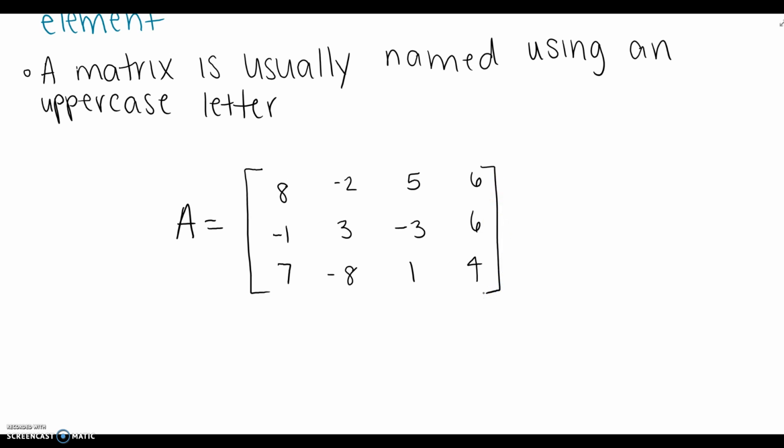So here's an example of a matrix. You'll see we've got 3 rows. So 1, 2, 3. Then we have 4 columns.